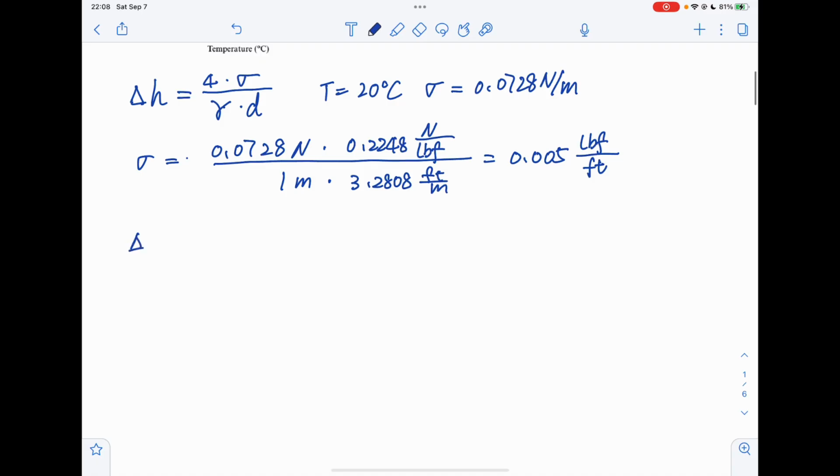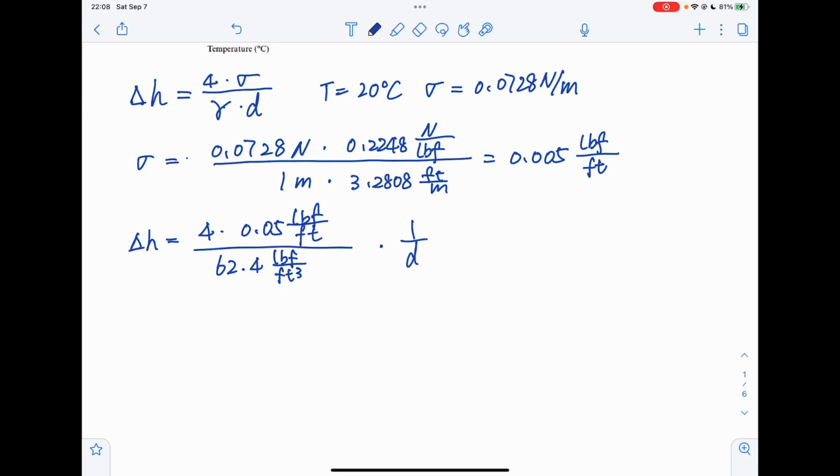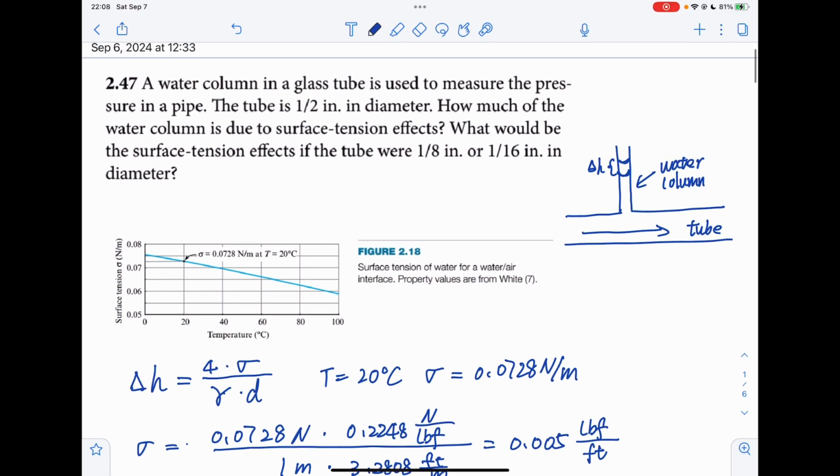The delta H is now written as 4 times 0.05 pound force over feet, over the gamma of water, which is 62.4 pound force over feet cubed, times D. And we have 3 different D's.